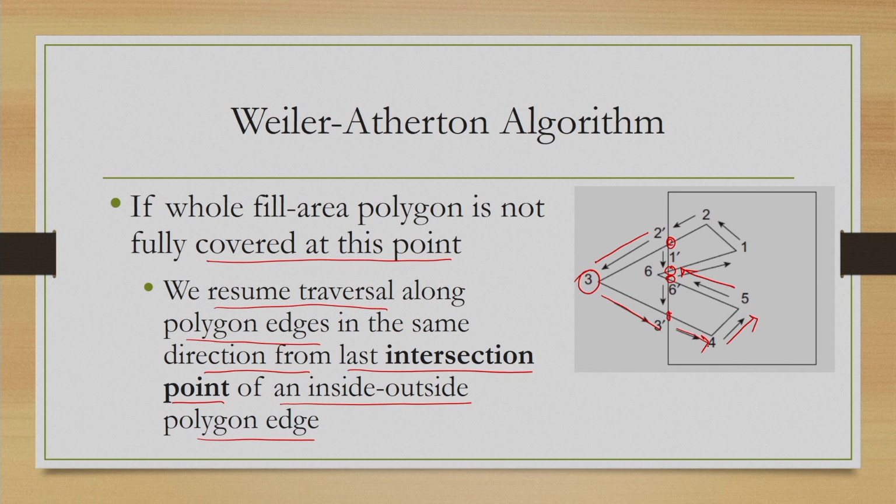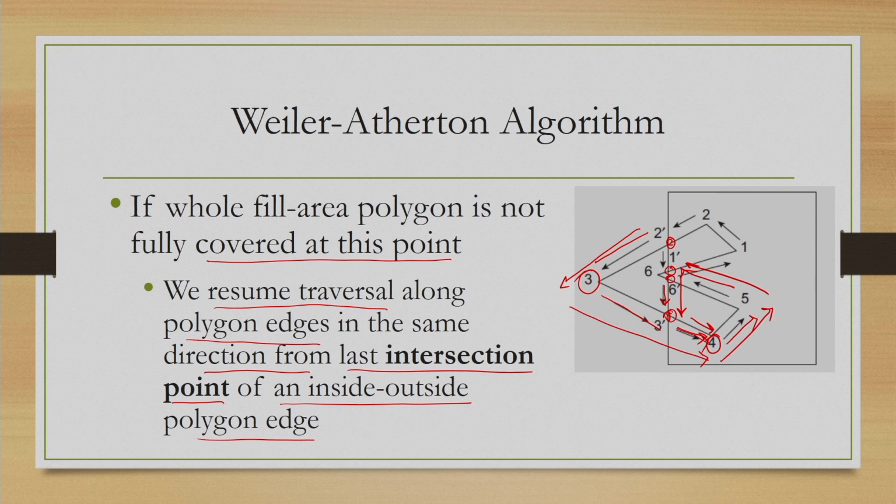In the earlier case it was outside to inside, here it is inside to outside at 6 dashed. So, now we traverse along the edge, then we encounter this intersection point again, this is from outside to inside. So, now we resume our traversal along the edge. Finally, we traversed this direction, this direction, this direction, then this direction, this direction. Now, since we have already encountered 4 before, we stop our traversal here when we encounter 4.